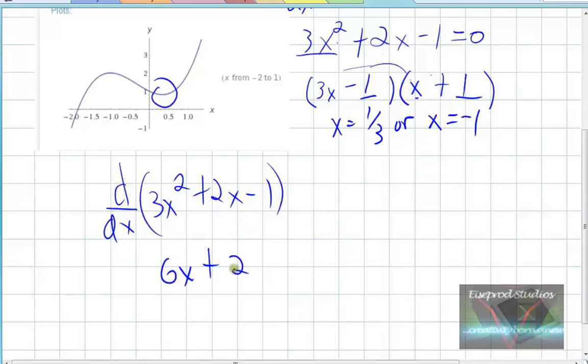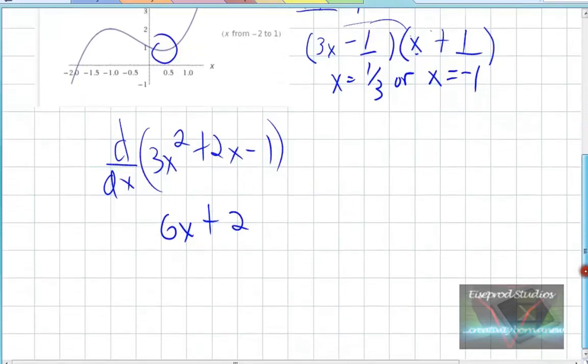And so what we can do here is solve for 0 of the second derivative and then figure out from there where the second derivative is positive and where it is negative. And that will tell us whether the original curve is concave up or concave down. So I'm going to write that to the side here.